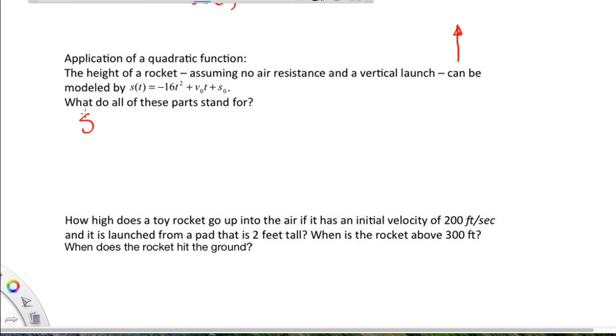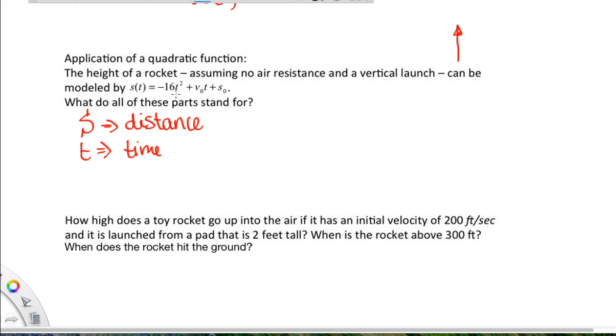So the letter S, sometimes it's a lowercase, sometimes it's a capital. Okay, so the letter S, that would be the distance. I have no clue why they use an S for that. The letter T stands for the time, like how long has the rocket been in the air.